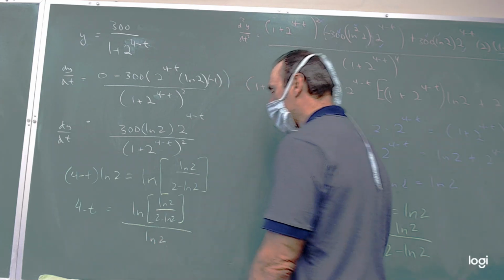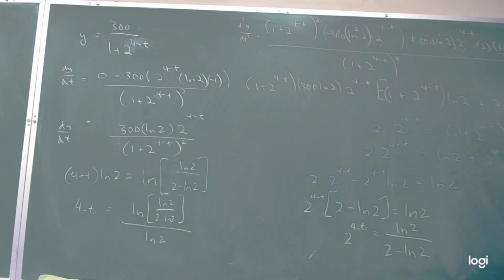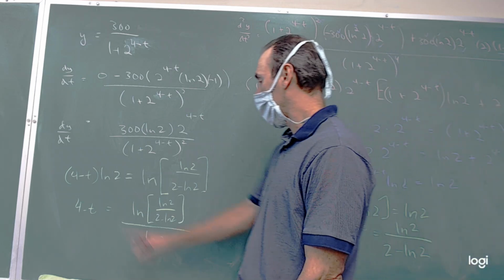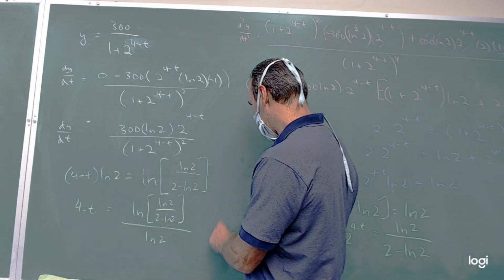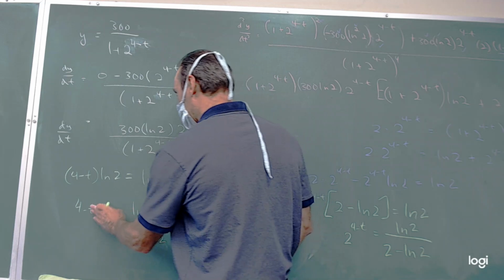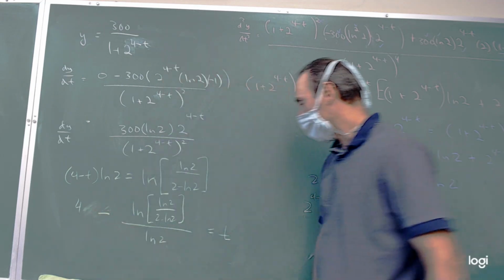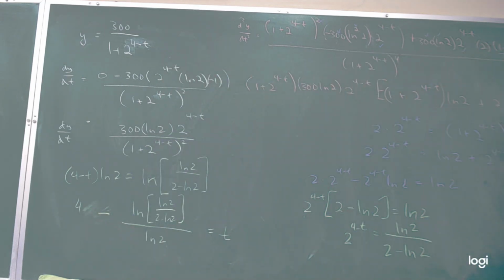So I'm going to add the t over here and subtract that to the other side. Is that okay? Yeah. And did they just give you a decimal answer, probably? You can crunch it.